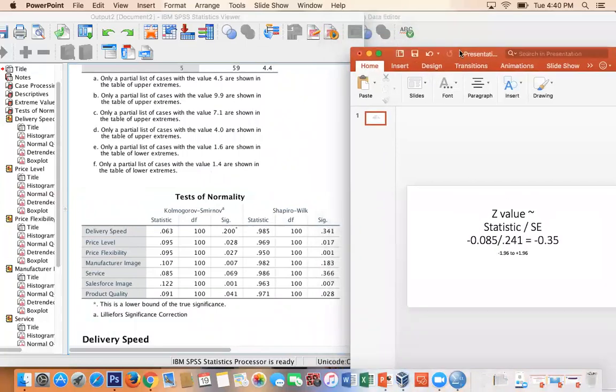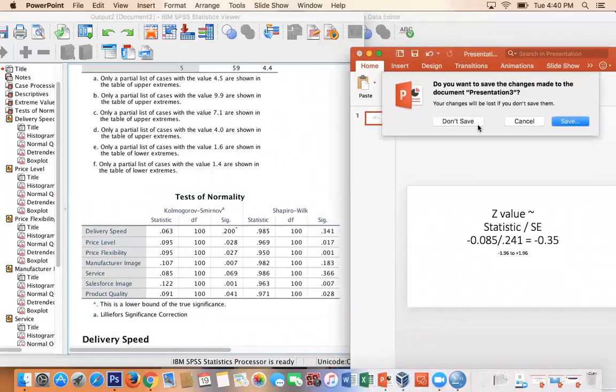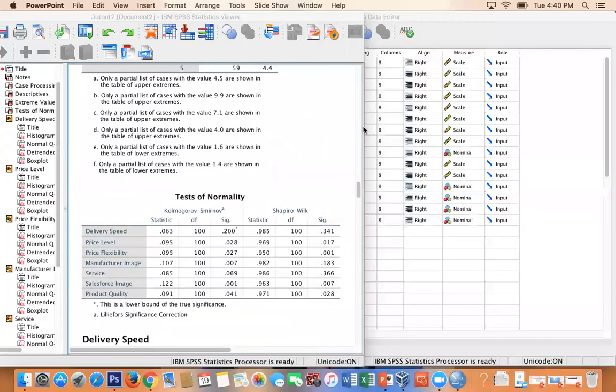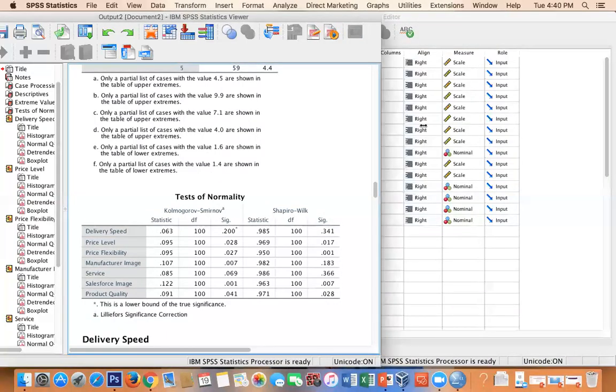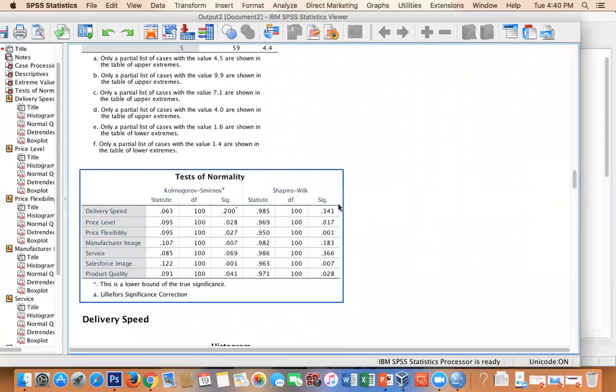And this is of particular importance. It's pretty straightforward. The significance of Shapiro-Wilk. Don't use Kolmogorov-Smirnov. Quite a few people say it's kind of useless, so don't use it. Shapiro-Wilk test.